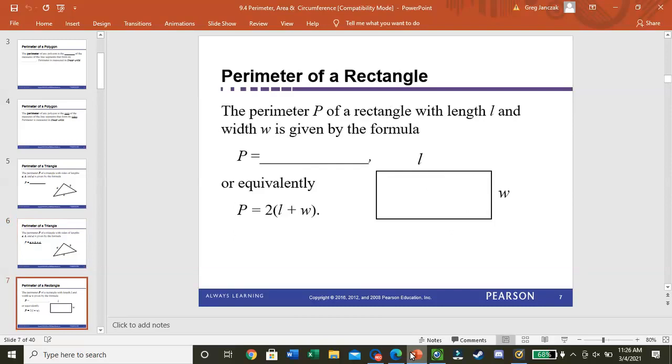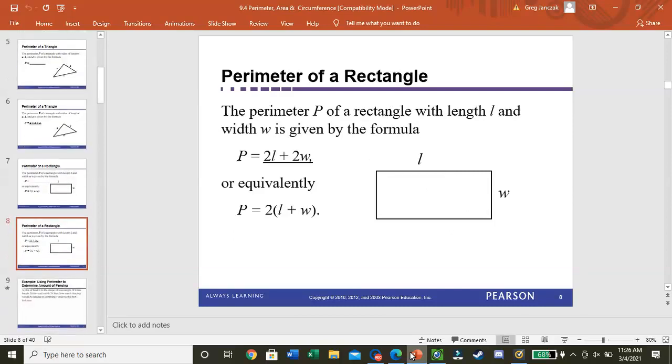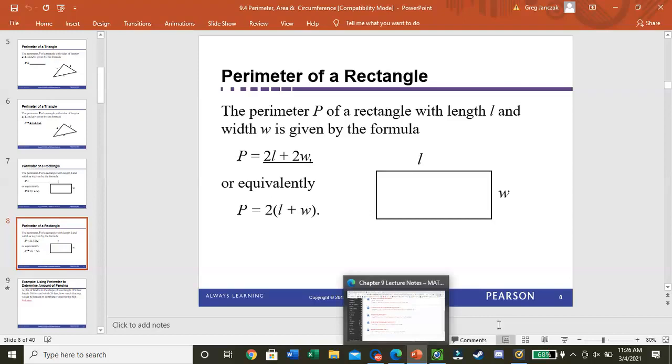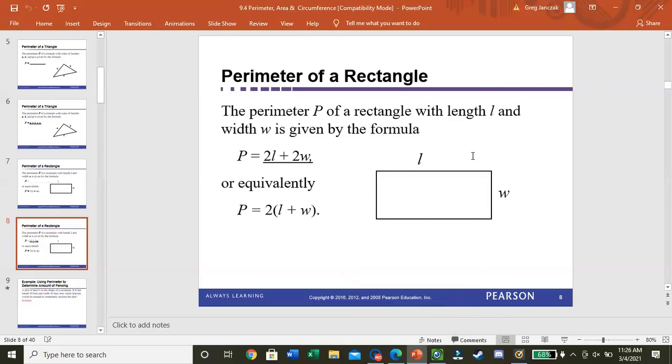Again, for the perimeter of a rectangle, one length is going to be the same size as the other. If one length is 5, then the other length will be 5 as well, so that'd be 5 and 5 and 10.